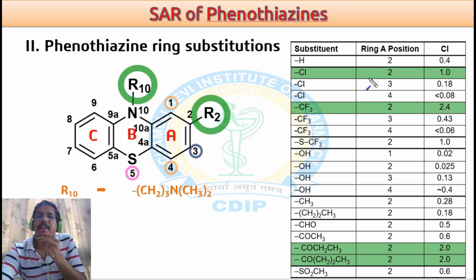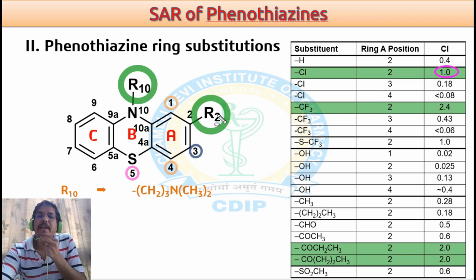So this is giving the activity index, that is 1. And if you look for different substitutions which take place on the different positions on A ring, it may be 1, 2, 3 or 4 like that.